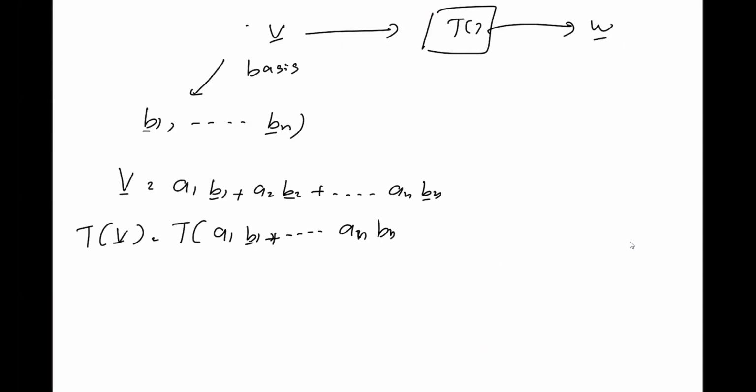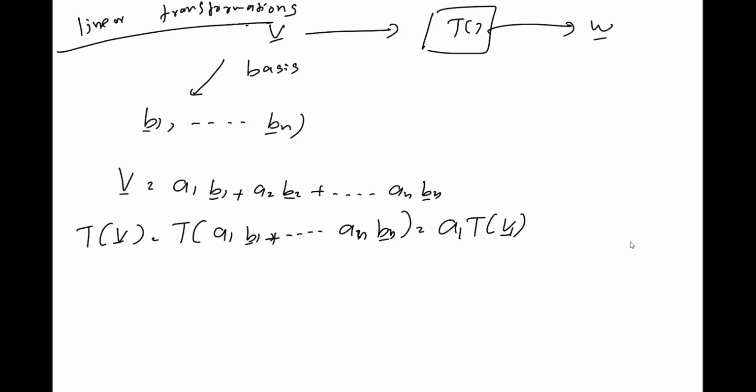Because I consider only linear transformations, I can write this as a1 T(b1) plus a2 T(b2) plus up to an T(bn).